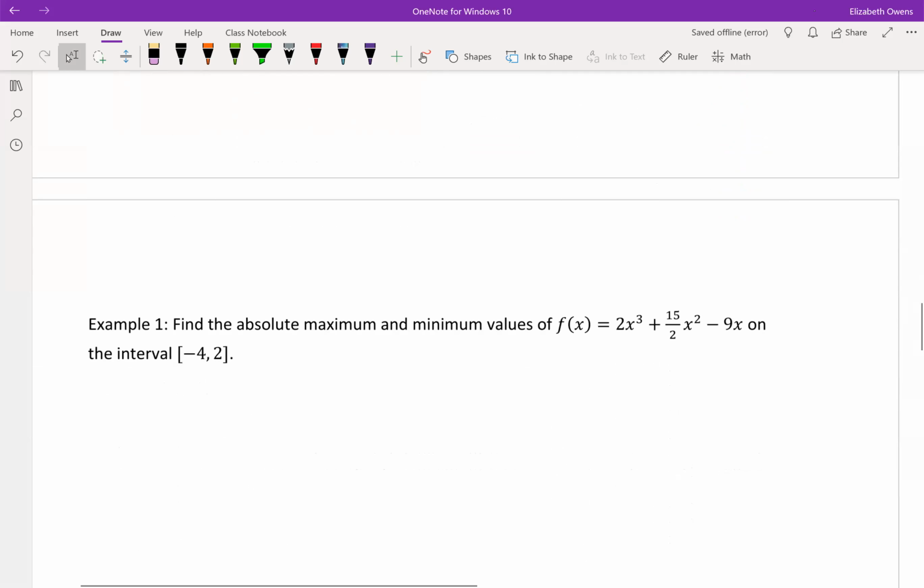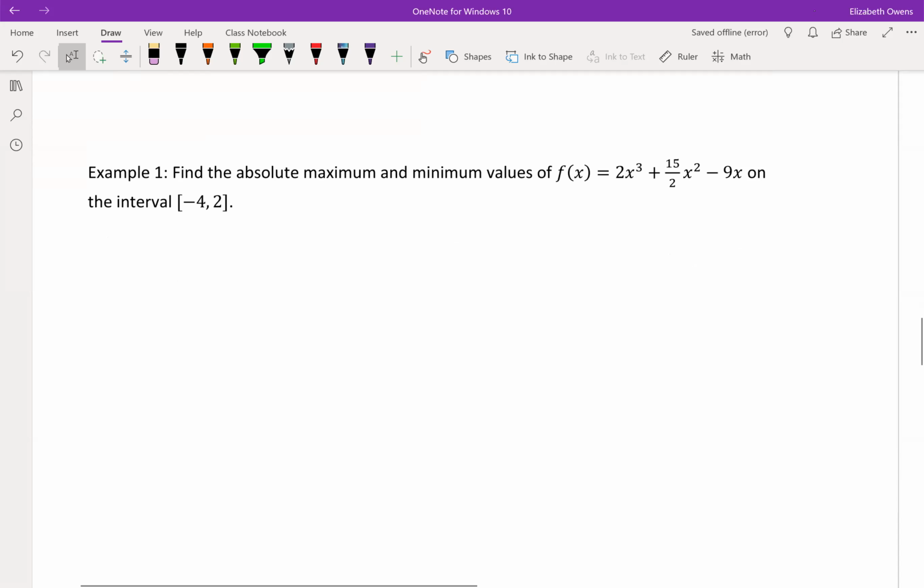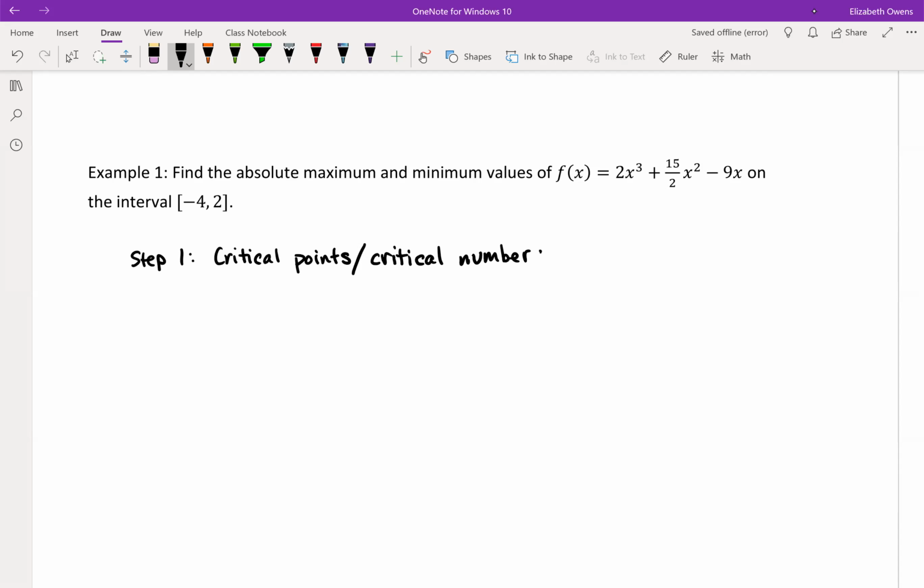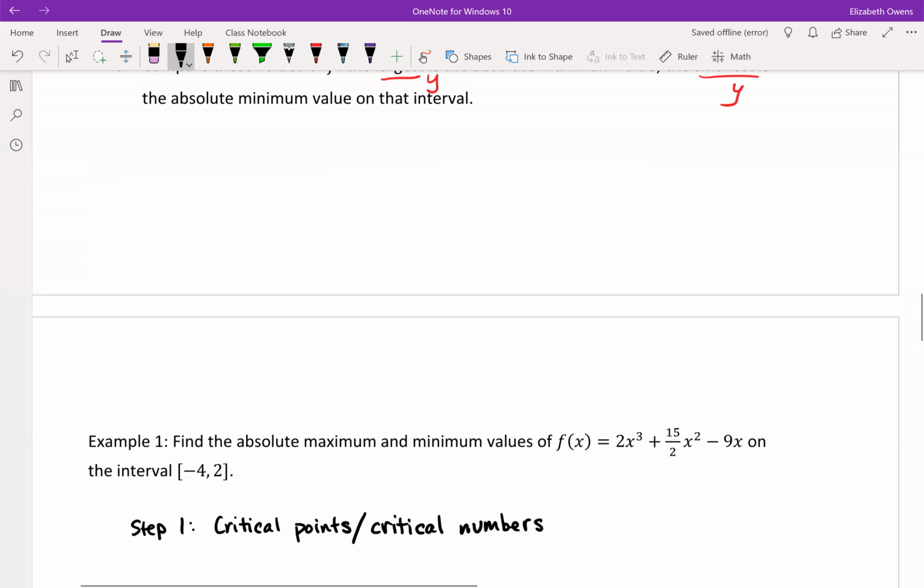So step one, we want to find critical points for this thing. Step one, critical points or critical numbers. And remember those critical points, critical numbers all rely on the derivative.